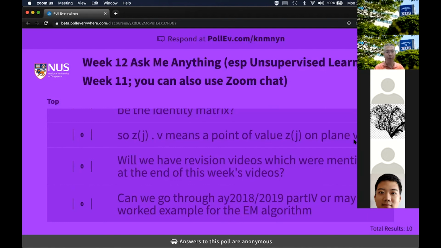Then the points have to live on this smaller subspace manifold, characterized by only those k dimensions, and then zj times v would mean a point on that manifold, with some residual that we lost, so some information lost by all of the dimensions from k plus 1 to n, which we just discarded. Okay, great.